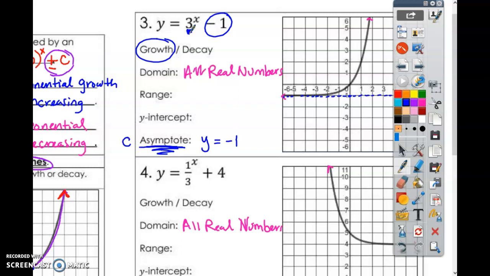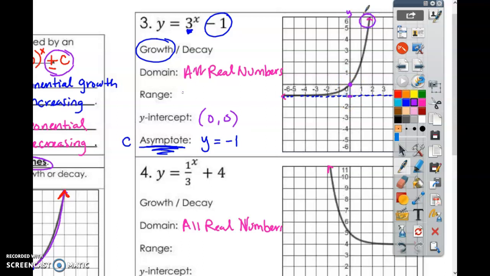What is my y-intercept? 0. It's right here, look. It crosses the y-axis at 0. So it's (0, 0). And what is my range? What is the lowest point that it goes on the range? Not 0. -1, and then it goes all the way up.